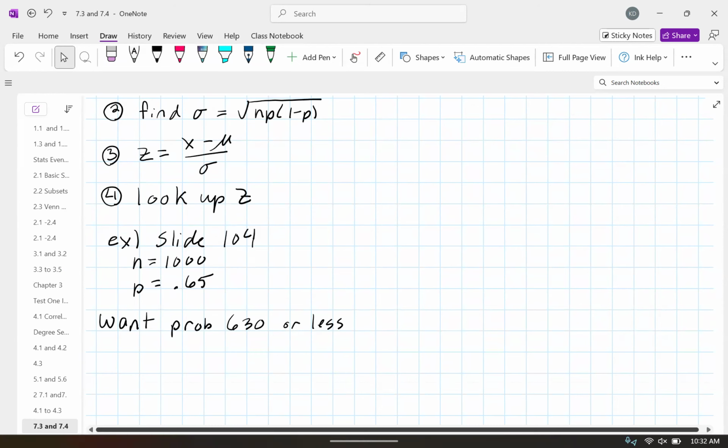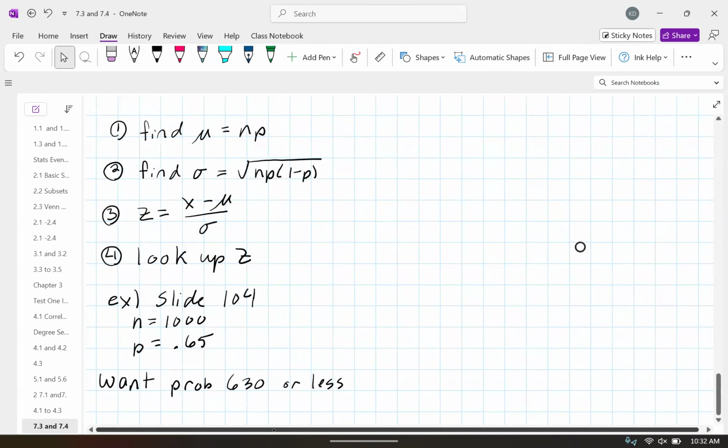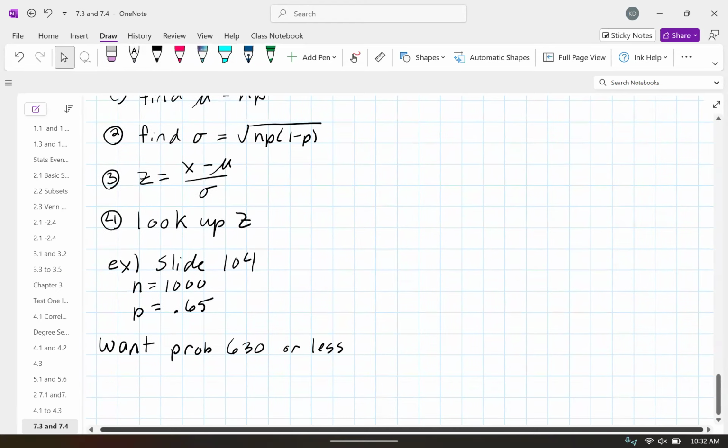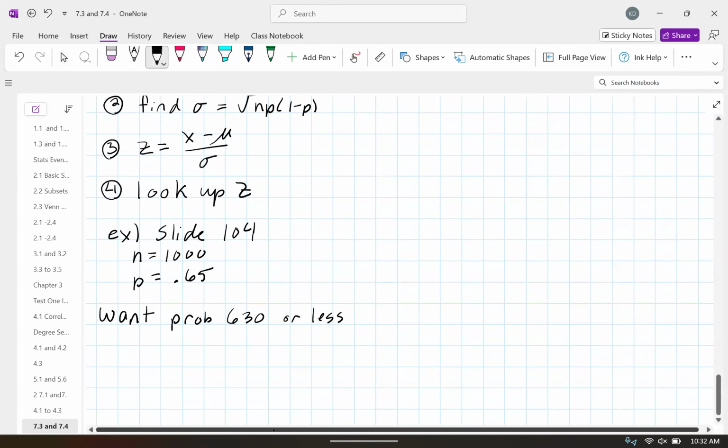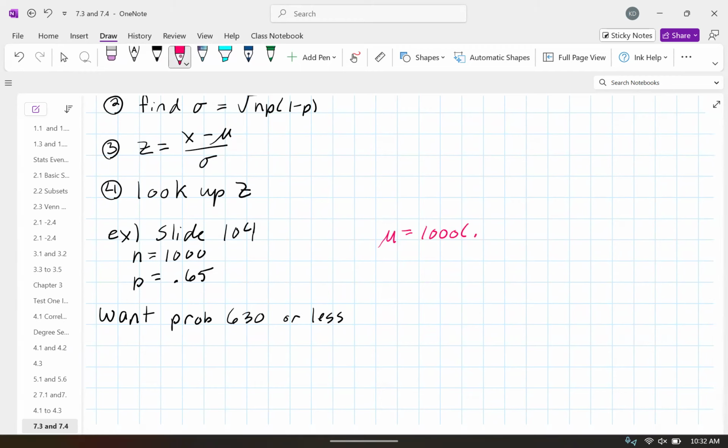Find a mean. Nope, that's not right there. Oh, just come down here. It is 1,000 times 0.65, which is 650.